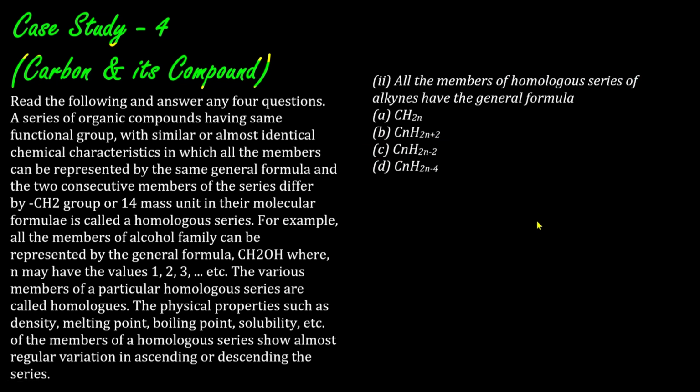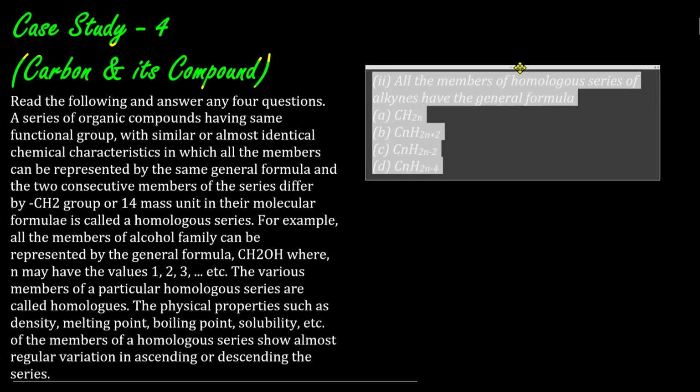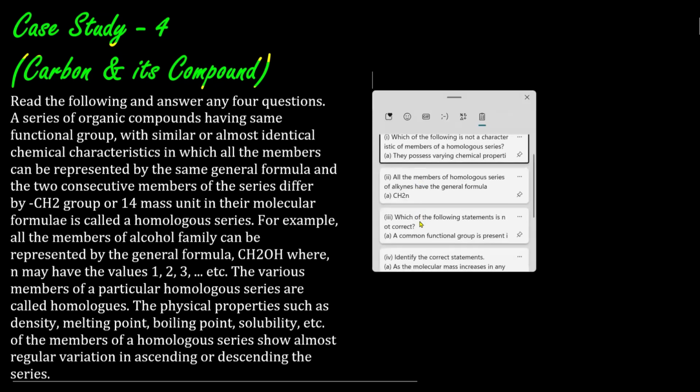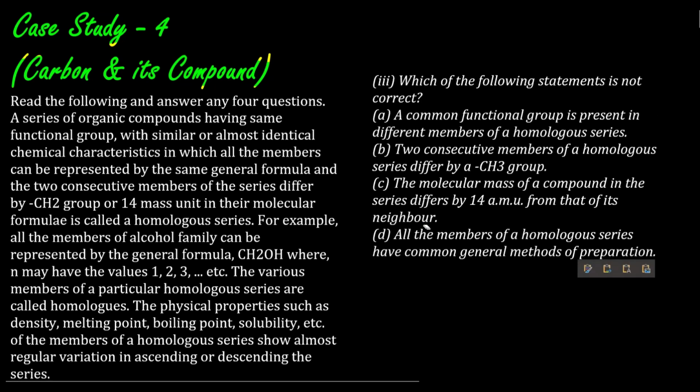Now let's check the third question here. It's a big one. Okay, let's see. Which of the following statements is not correct? Again, not is the question here. A common functional group is present in different members of homologous series. How can this be?